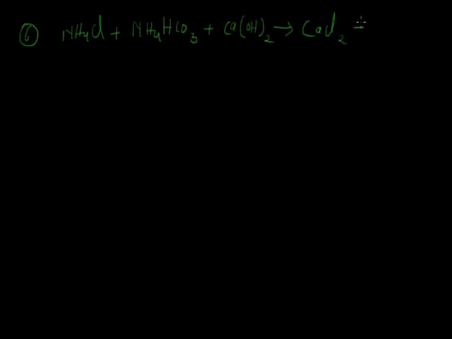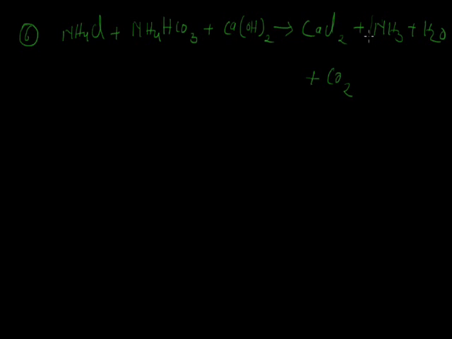Sixth step: ammonium chloride plus ammonium bicarbonate react with slaked lime, that is calcium hydroxide, and give the products calcium chloride plus NH3 plus H2O plus CO2.